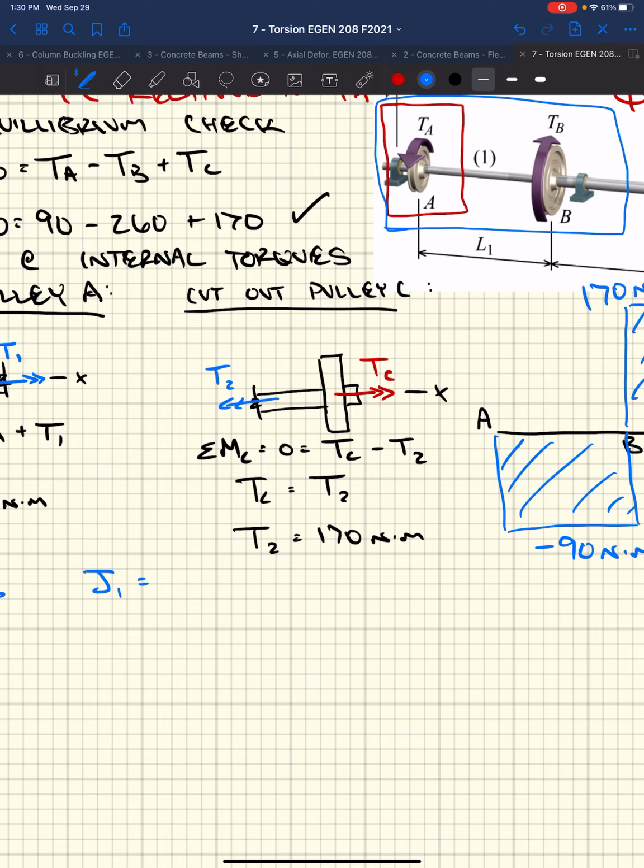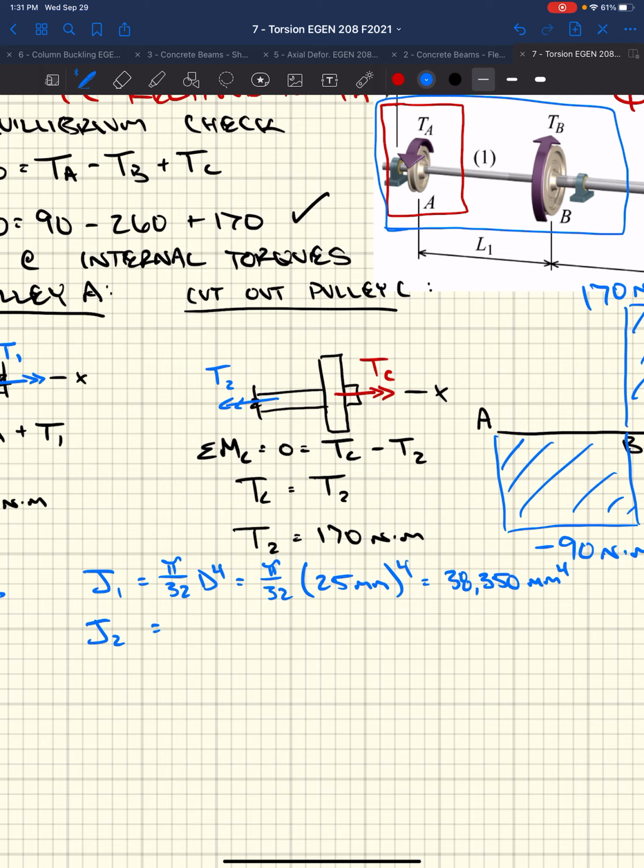If we look at shaft 1, these are both solid shafts. So our polar moment of inertia, as I gave in the notes, is pi over 32 d to the 4th, equals pi over 32 times 25 millimeters to the 4th, or 38,350 millimeters to the 4th.